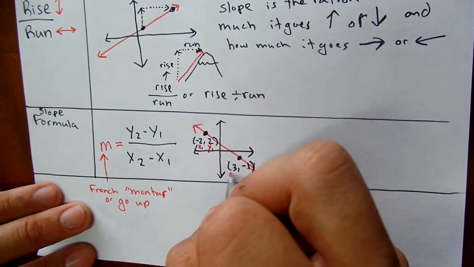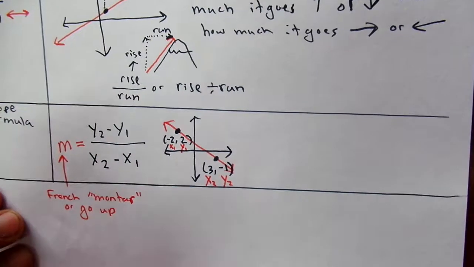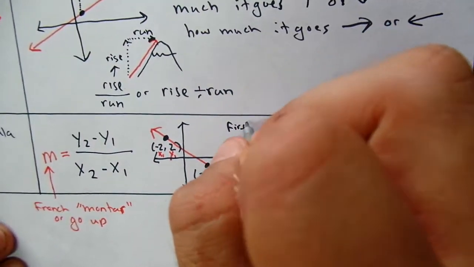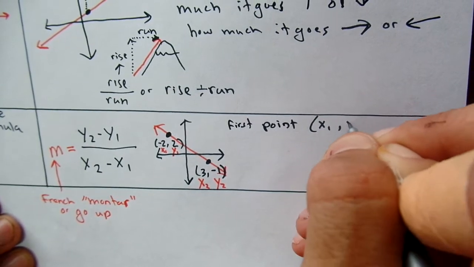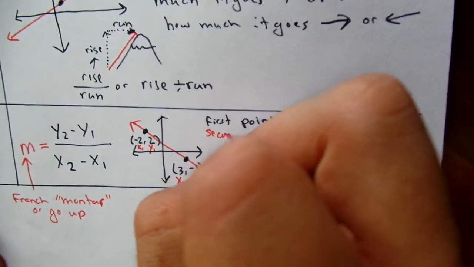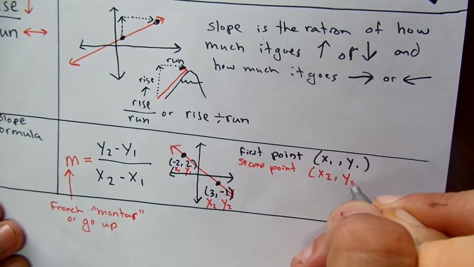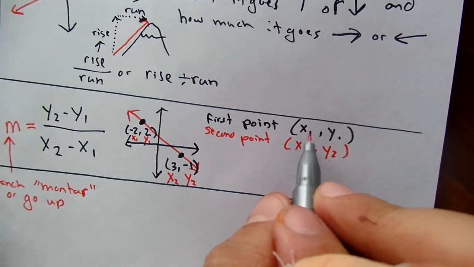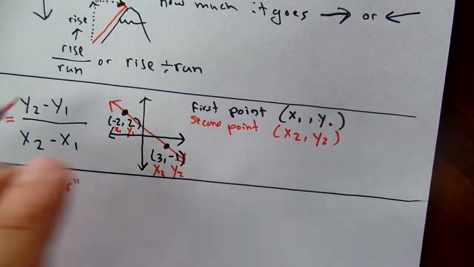And in your second point you have x2, y2. So your first point is x1, y1, and your second point is x2, y2. Because this is the x from the first point, your y from the first point, and this is your x from the second point, y from the second.